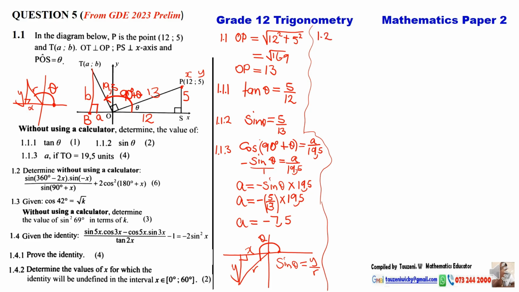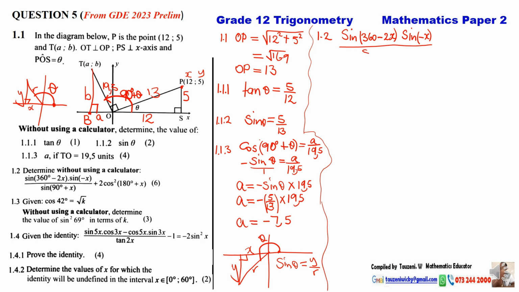Number 1.2. Now this one we have explained a lot about this idea. 360 degrees, 180 degrees, those are reduction formulas. If you see 180 plus or minus x or the multiples of 180, then you must know for sure that you are working with reduction formulas.